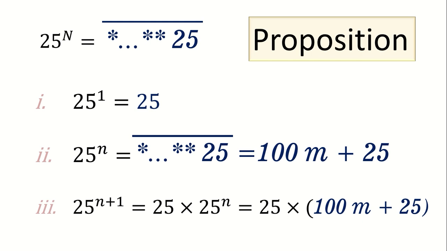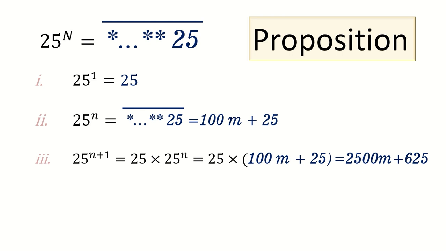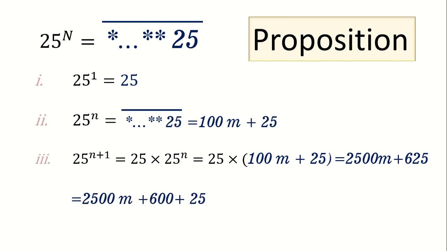We distribute 25 across the parentheses and get 2500m plus 625, or 2500m plus 600 plus 25, which is equal to 100 times (25m plus 6) plus 25. 100 times (25m plus 6) is divisible by 100, so the two rightmost digits of the number are 25.